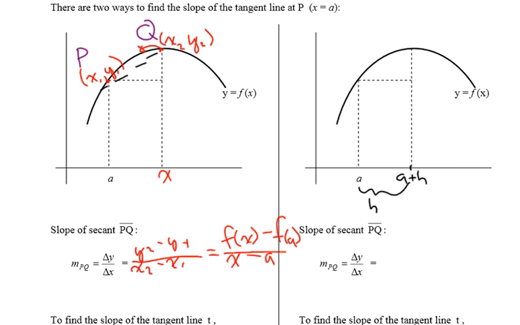So here we have f of a. And how about a corresponding f of a plus h? I'll write that out here. We have a q point here, which has a plus h for our x value, and f of a plus h for a y value.